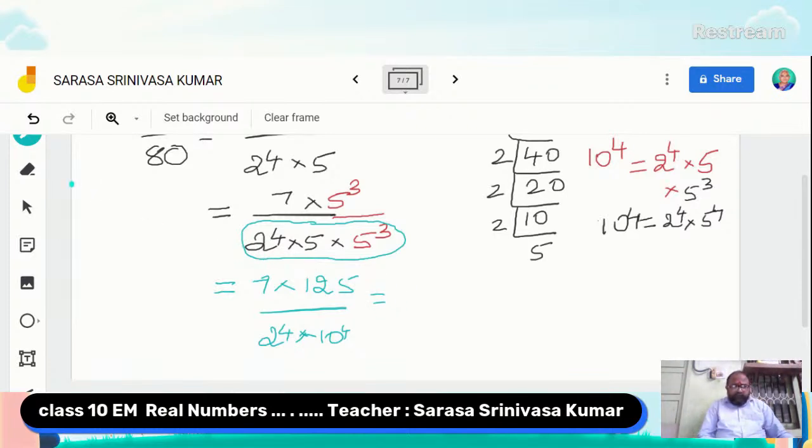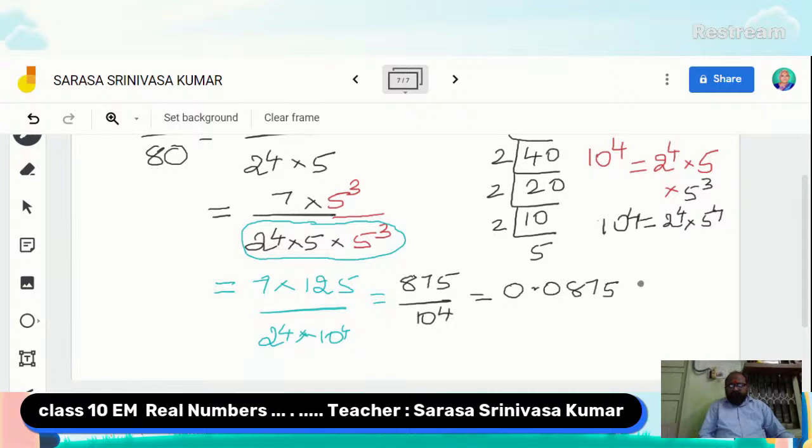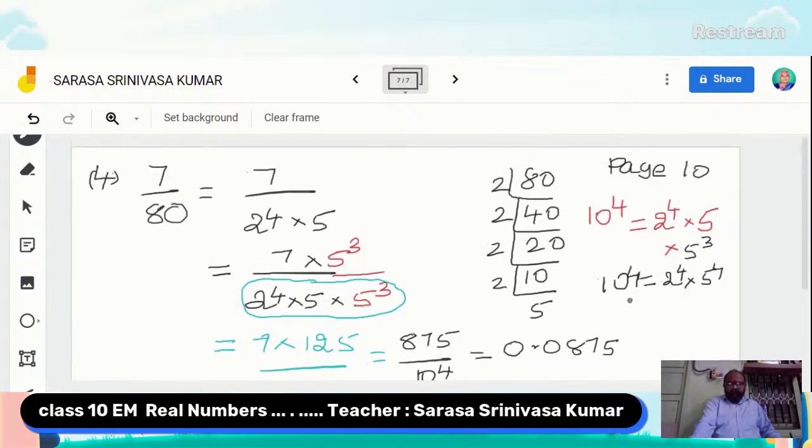It is 875. 875 divided by 10 power 4. That is equal to 0.0875. This is how we converted the given number 7 by 80 into the decimal form, 0.0875.